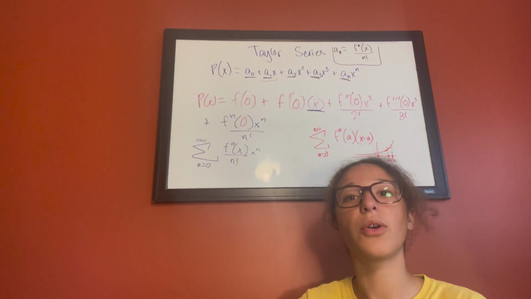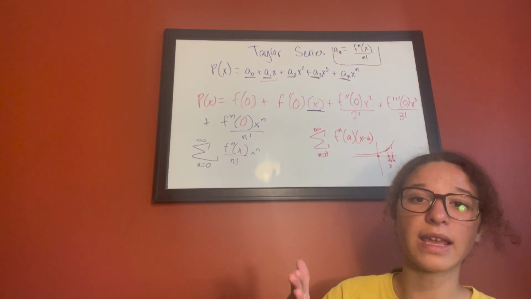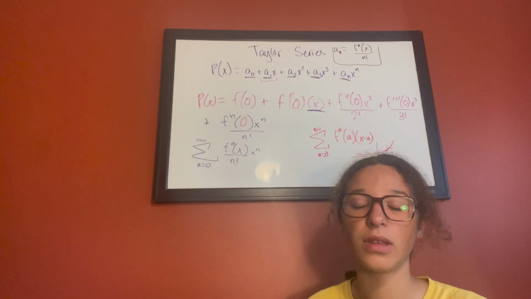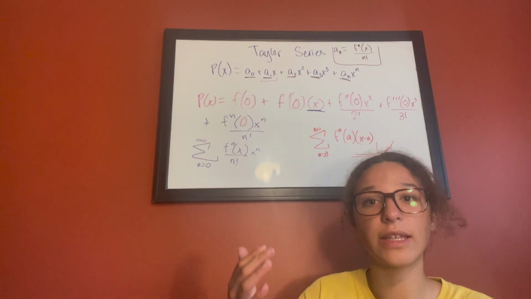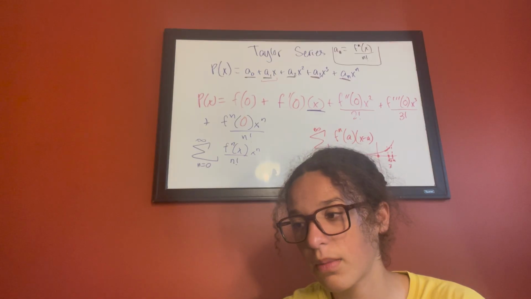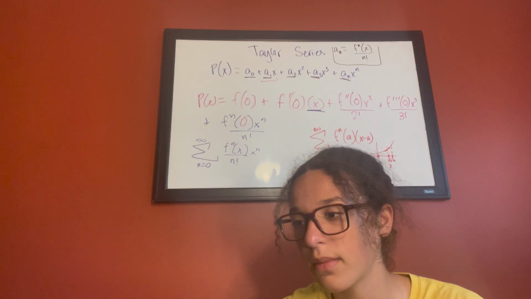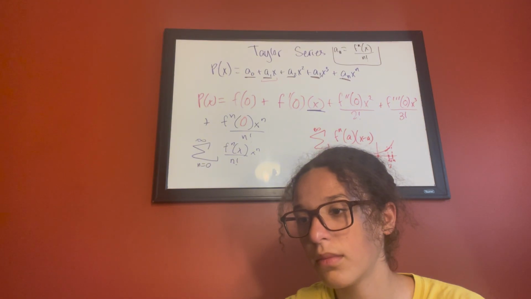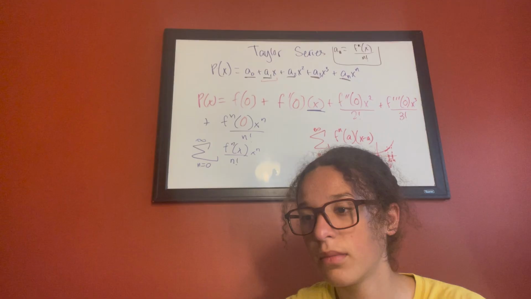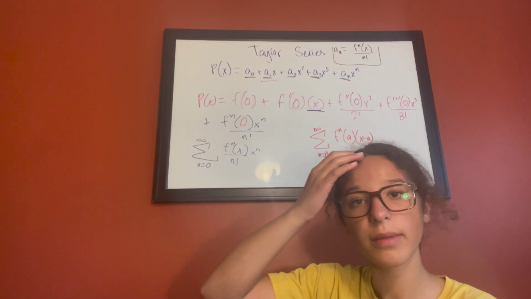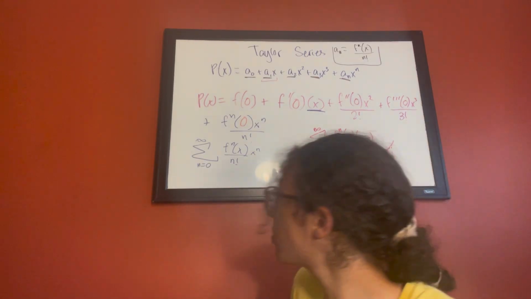Those future points centered around A, so x minus A, will be calculated as a result of these derivatives. That makes sense, I think. Okay, yeah, I think that makes sense for me at this point.